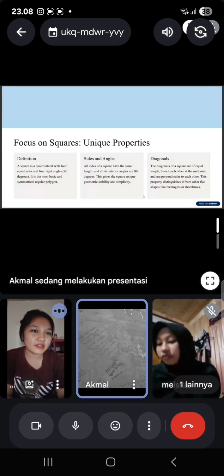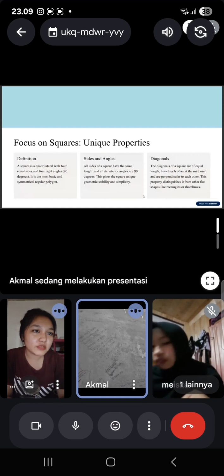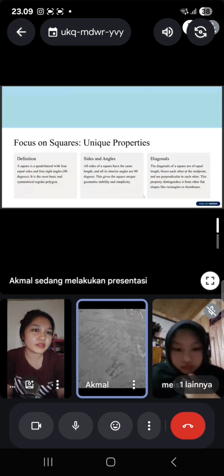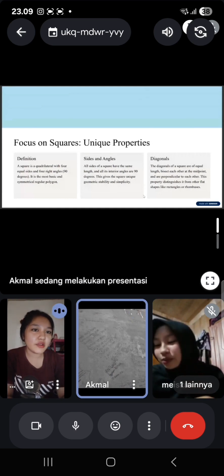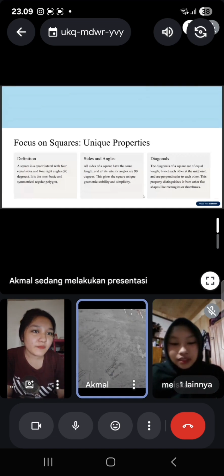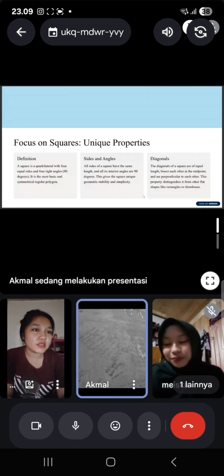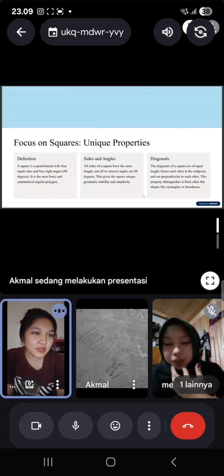Sides and angles. All sides of a square have the same length, and all its interior angles are 90 degrees. This gives the square a unique geometric stability and simplicity.